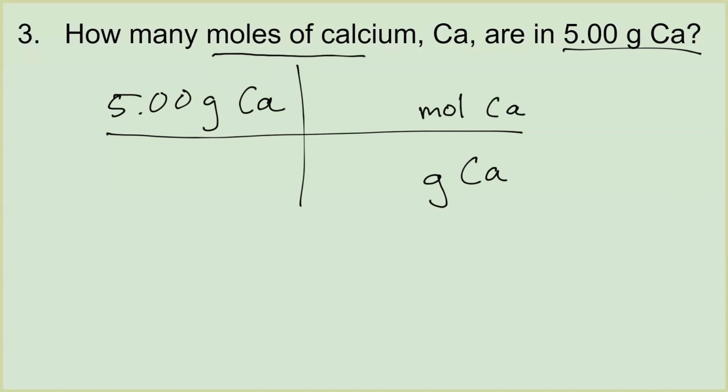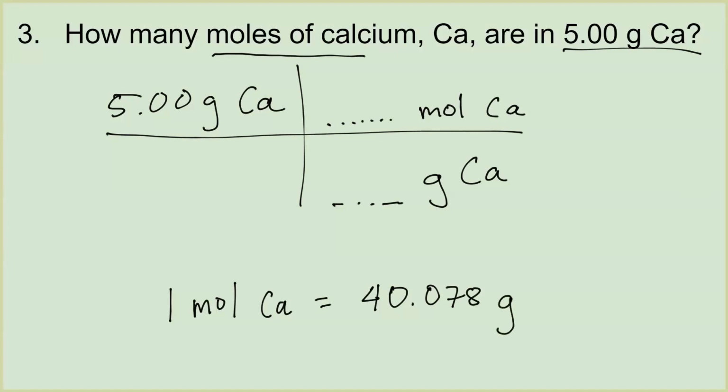Okay, now I need to fill out the words or the numbers that go in these spots. So I look at my periodic table, find calcium, and according to the periodic table, 1 mole of calcium has a mass of 40.078 grams.